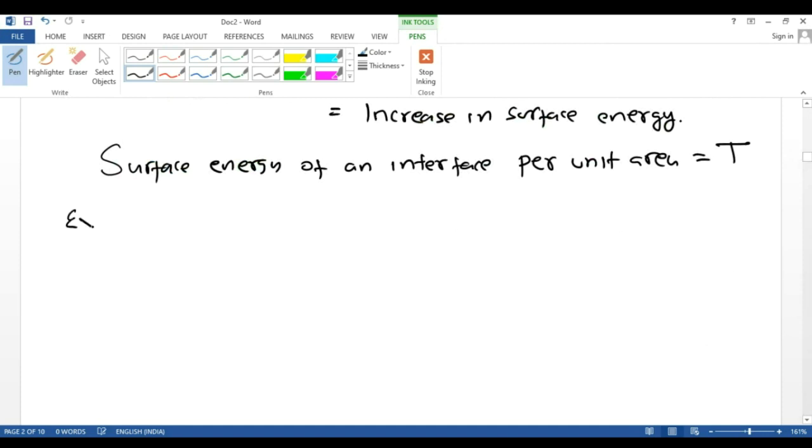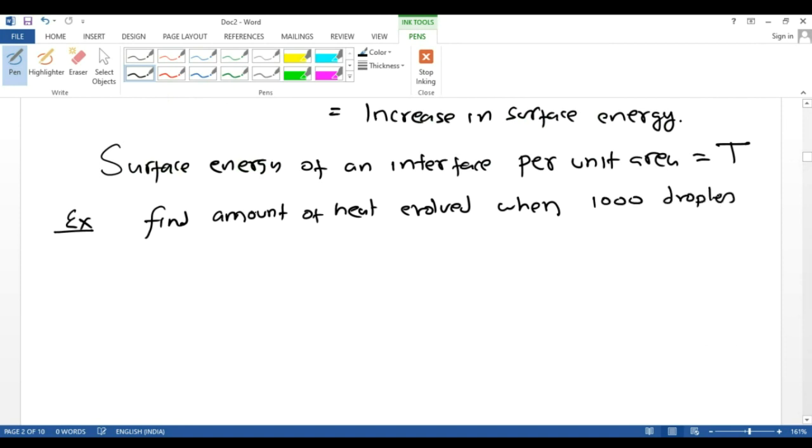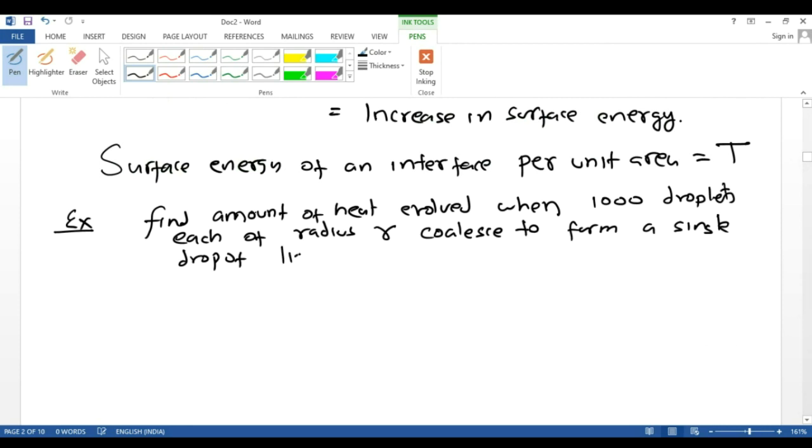One straightforward example here will arise: find the amount of heat evolved when some 1,000 droplets, each of radius r, coalesce to form a single drop of liquid.